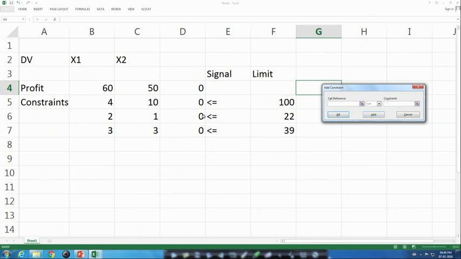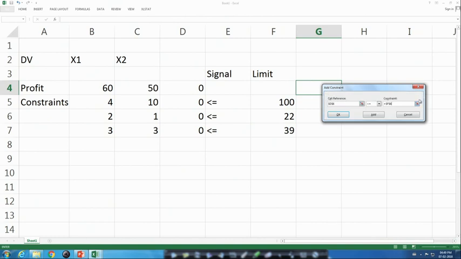For that again we go to this particular second constraint, 2x1 plus x2, against which the sign is less than type, and the constraint limit means the resource availability is this much.